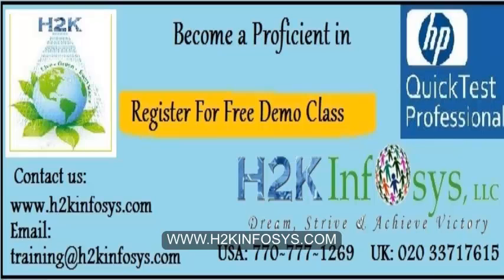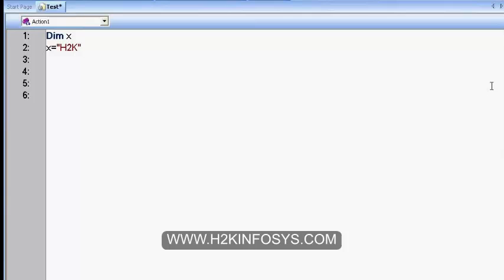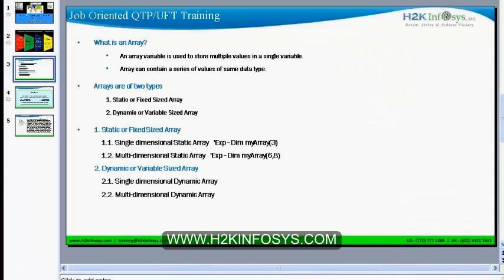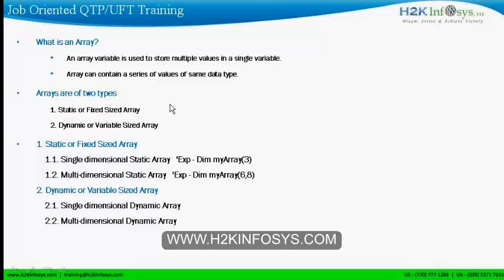Okay. An array basically stores multiple values, a group of elements. It contains values of the same data type, and it can be a single-dimensional or multi-dimensional array. A single-dimensional array is just one row, and a multi-dimensional array has rows and columns.